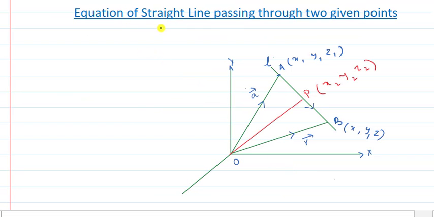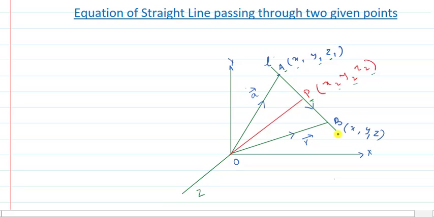Next, let me discuss the equation of a straight line passing through two given points. Here x, y, z are the three axes, O is the origin, and I have taken line AP. The two passing points of the line are A and P, and let the coordinates of point A be x1, y1, z1, and the coordinates of point P be x2, y2, z2, and B is any point on the line.